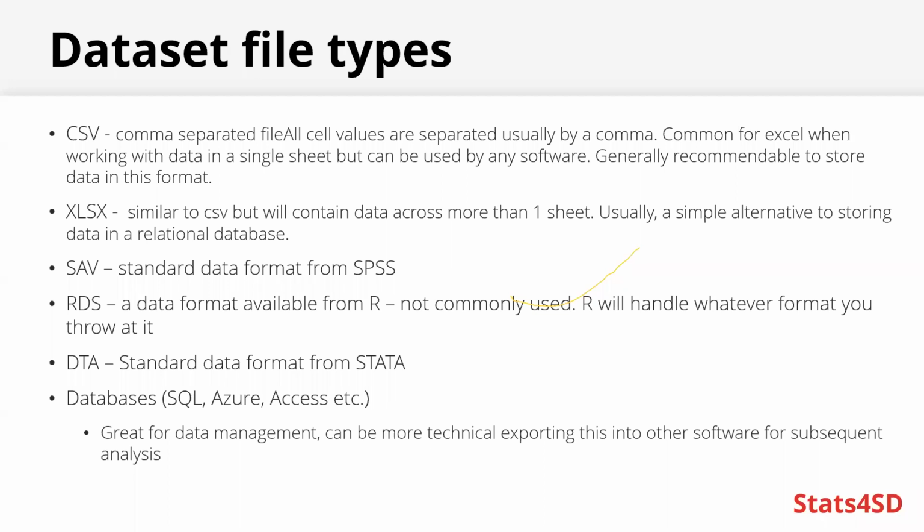RDS is one way of dealing with data from R. It's not that commonly used, basically because R can just handle whatever format of data generally that you can throw at it. So R will take a CSV file, it will take an XLS file, it will take a SAV file, it will take a DTA file, which is the one that generally comes from Stata. It will take things from databases, a bit more complicated to set up, but it can do that.